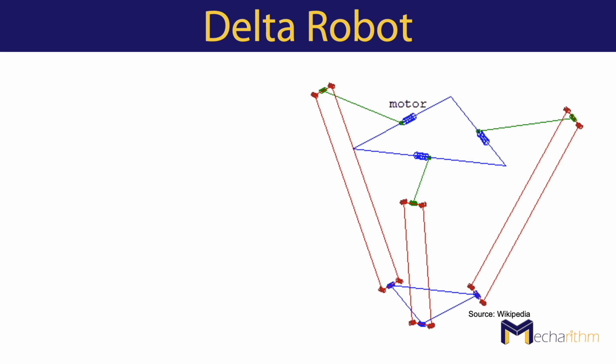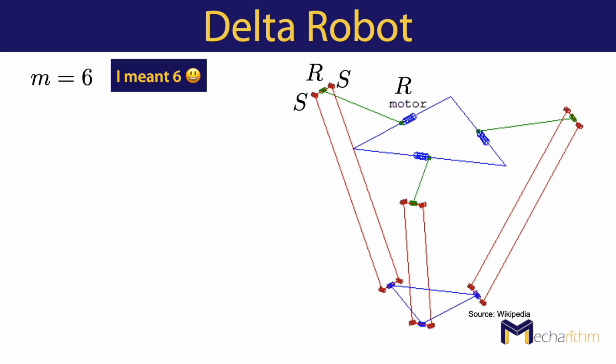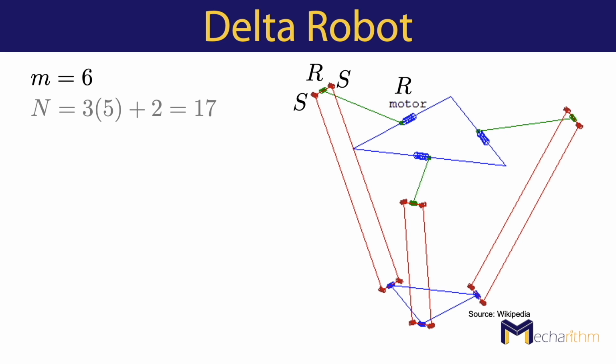Now let's calculate the degrees of freedom of the robot. It has 3 legs, and each leg has 3 revolute joints, 4 spherical joints, and 5 links. Thus, we know that m is equal to 3 because a rigid body in space has 6 degrees of freedom.